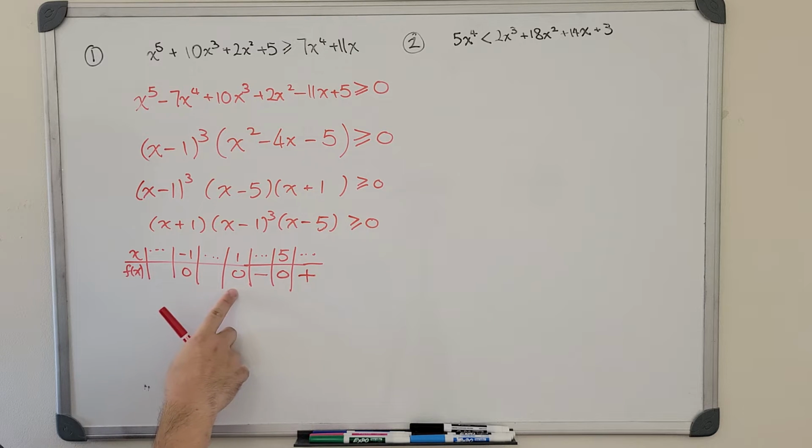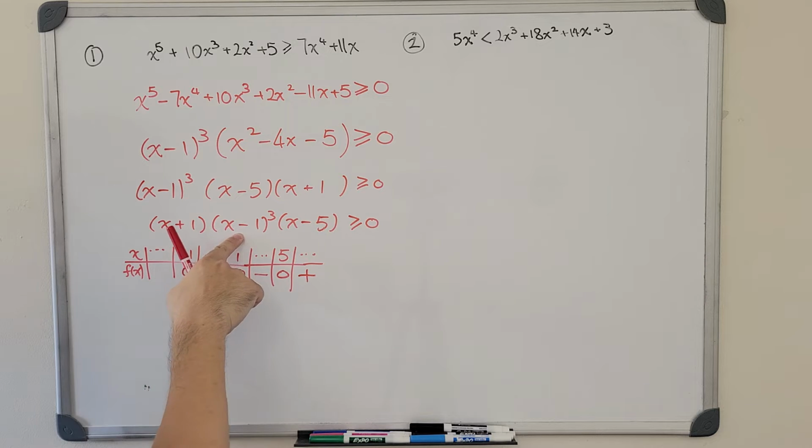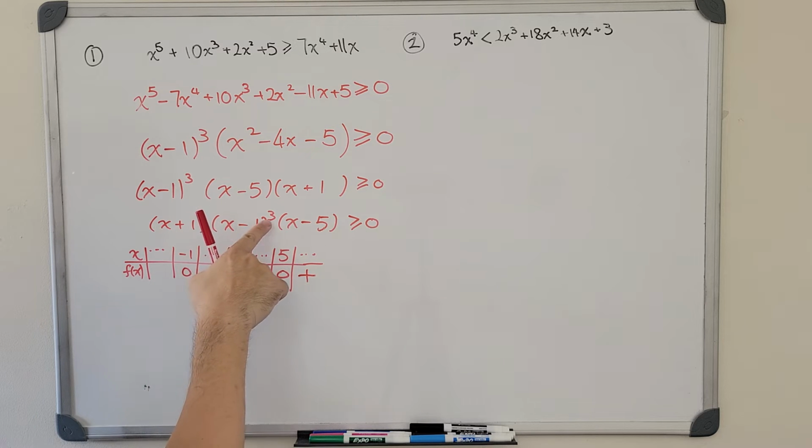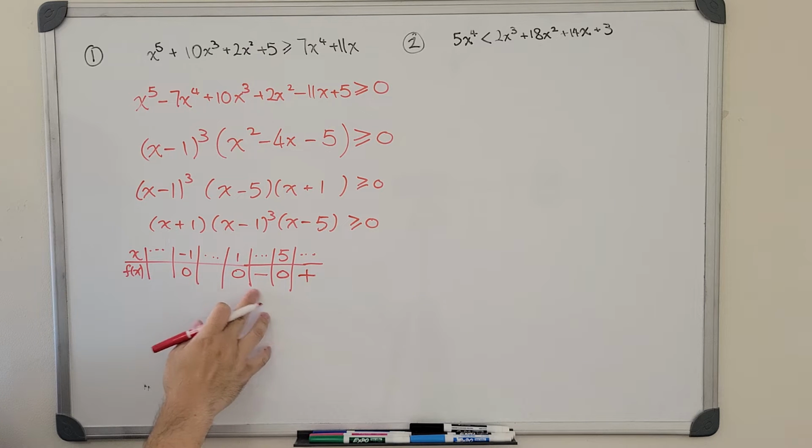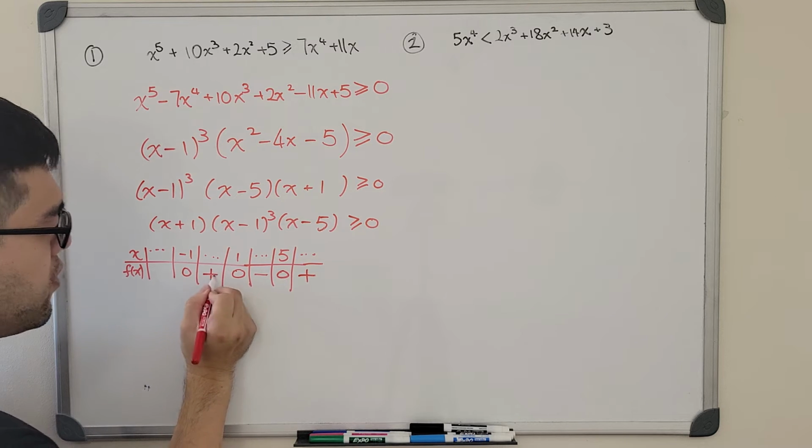Similarly, when we check this point right here, the root x equals 1, this root has degree 3, meaning that it also has a sign change when the function passes through this point.